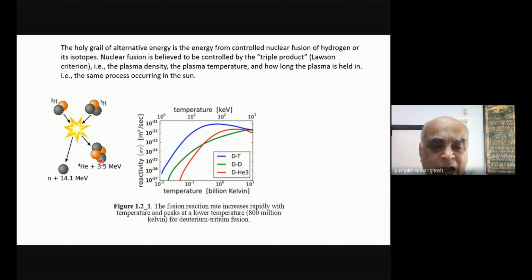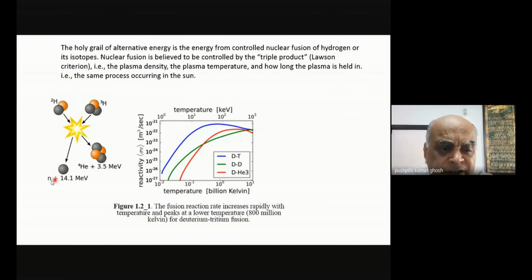And remember the article, How the Sun Shines. So that's basically what it is. Now, this stuff over here is coming out with an energy of 14.1 million electron volts, and this is the helium, which is coming out with an energy of 3.5 million electron volts.